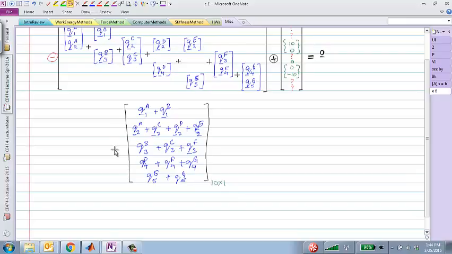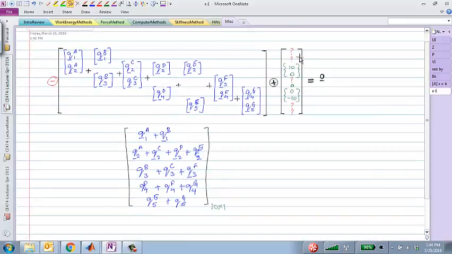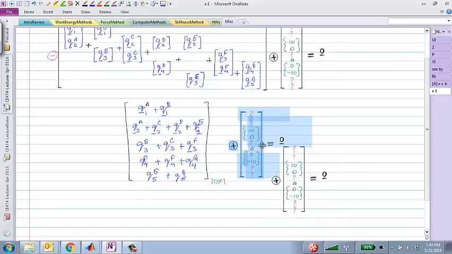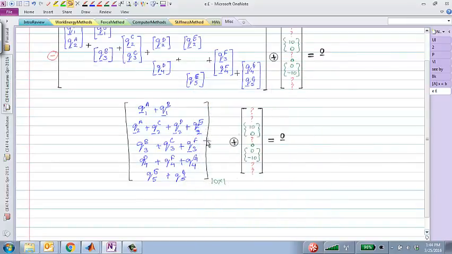of the truss. And if we add to that the external forces, then each of those 10 rows must go to 0.